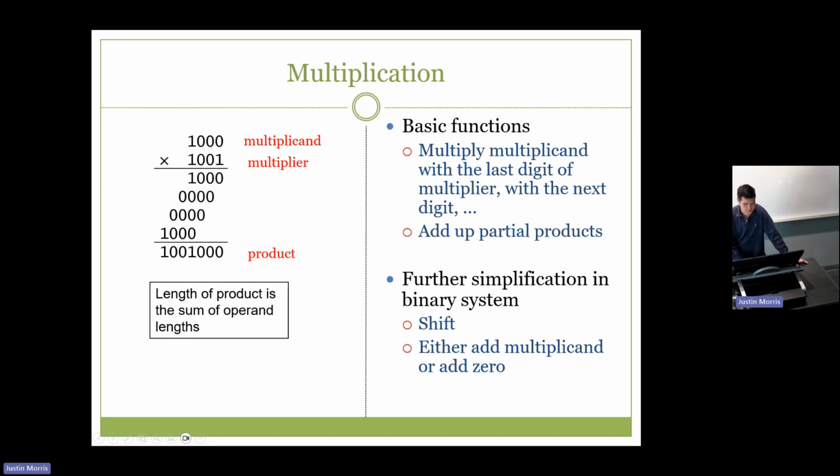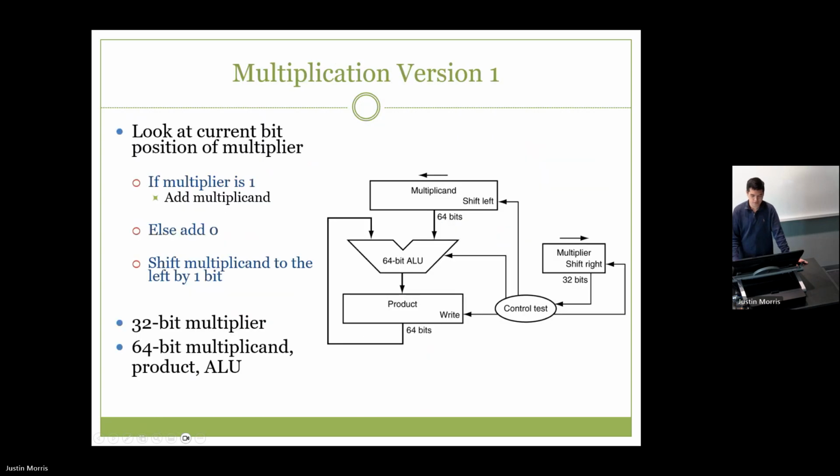So that's how we can get this 72 as our answer. So you're just doing addition for however many bits you have here and shifting this left. And you can implement multiplication with this simplified circuit.